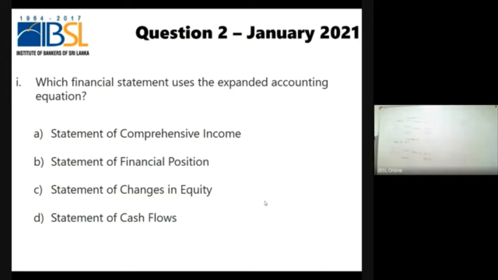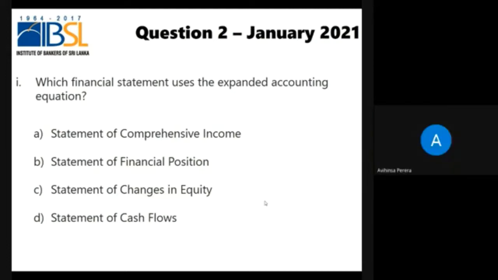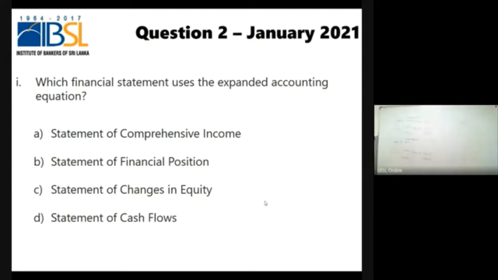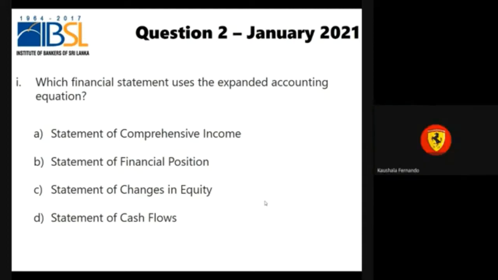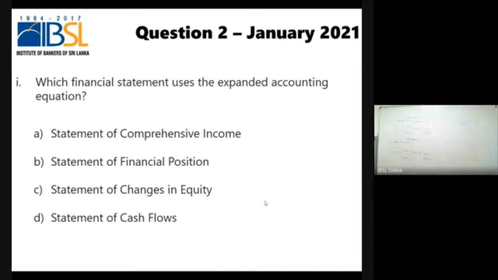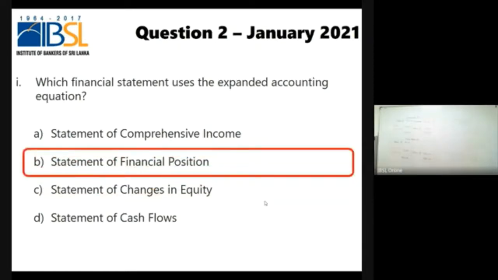Whether it is A, B, C or D. B. Second one or fourth one? You said B or D? B. Right. The answer is statement of financial position. Right?